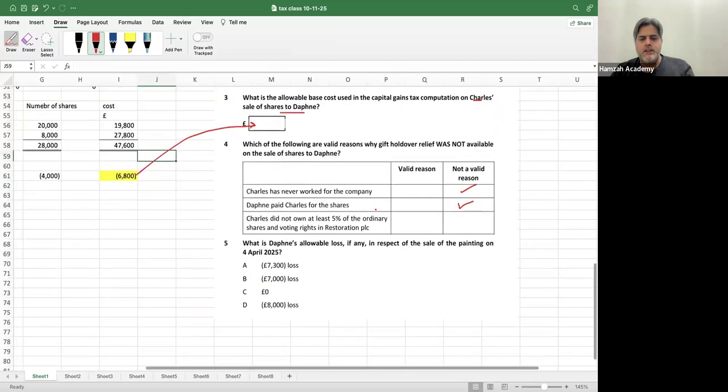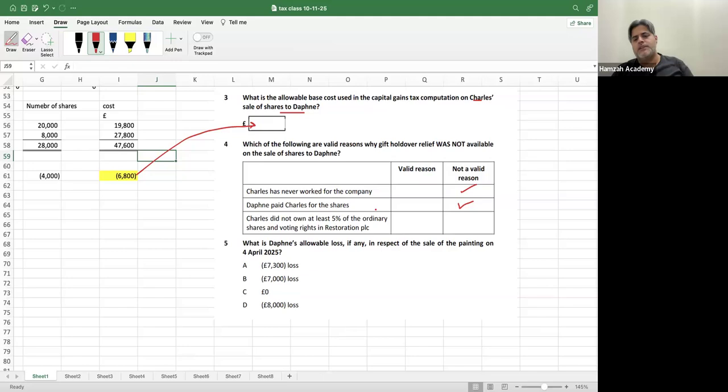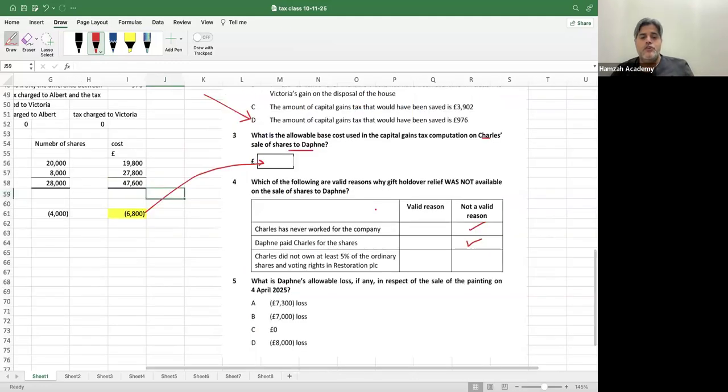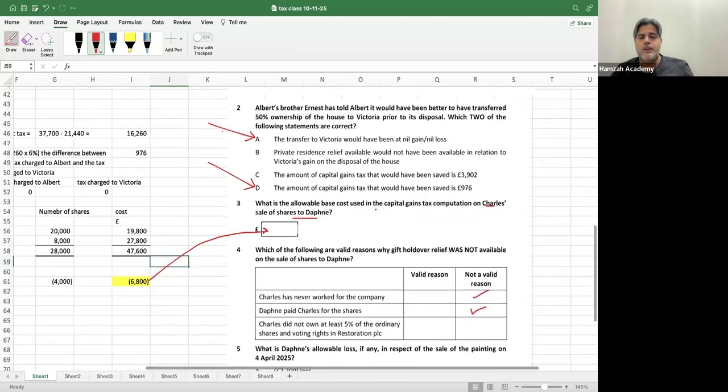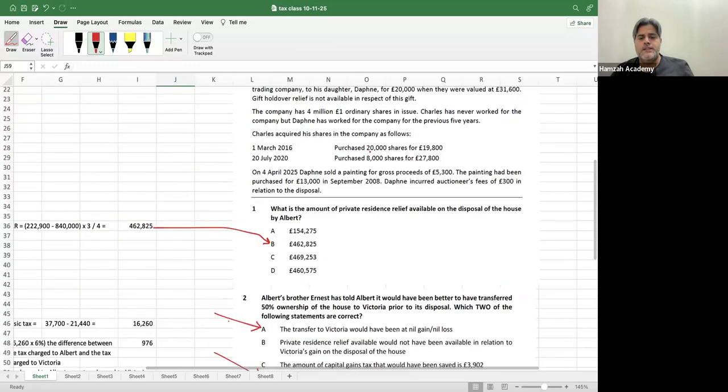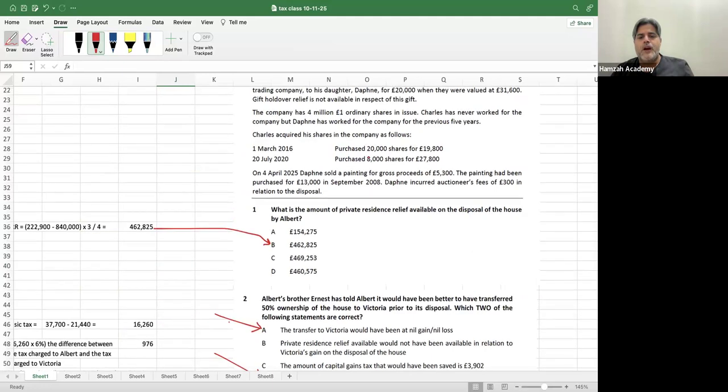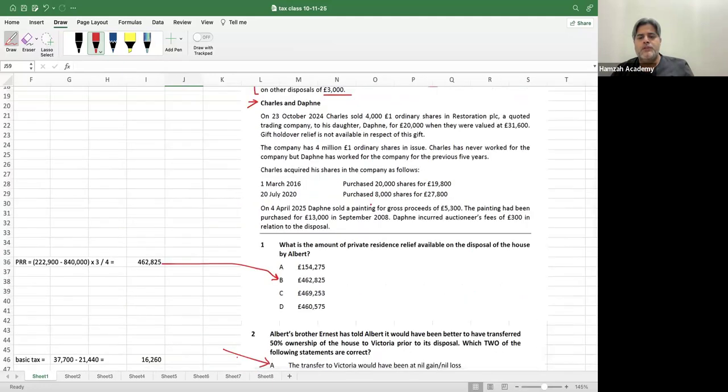And then, Charles did not own at least 5% of the ordinary shares and the voting rights in Restoration PLC. Yes, this is something we can bring in, because there's a requirement of a holding of 5% of the shares for the gift holdover relief to be available if the shares are in a quoted company. Here, our holding is just 28,000 shares out of the total shares of the company.